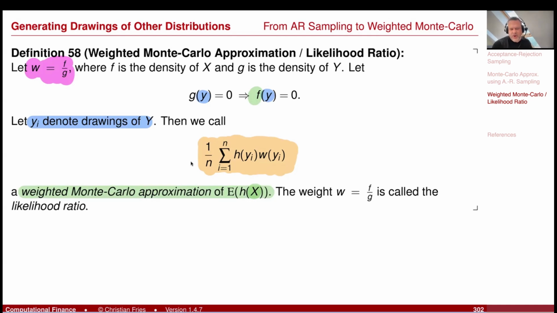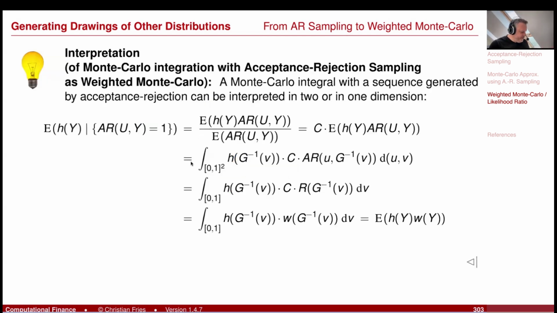The weight is called likelihood ratio because it adjusts for the likelihood of the point. Okay, so that was a little bridge, now from acceptance rejection to weighted Monte Carlo.